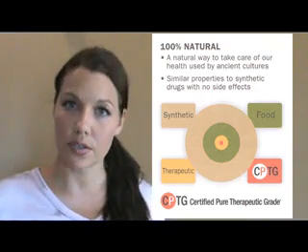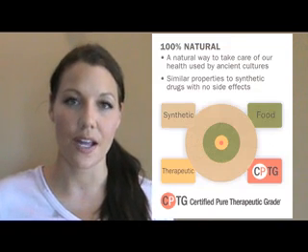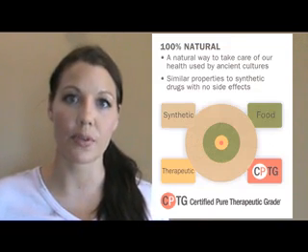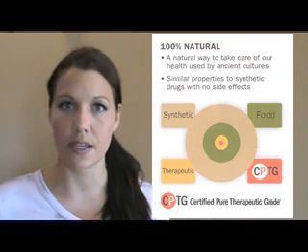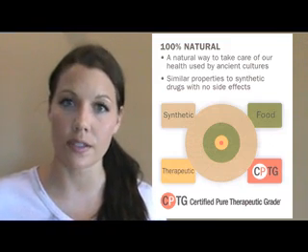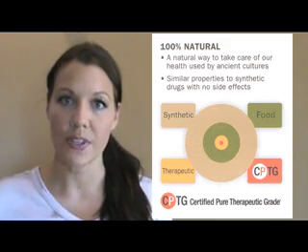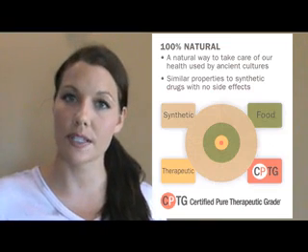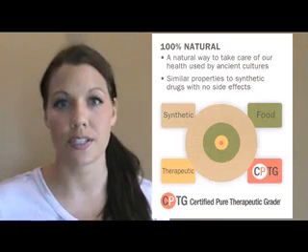So doTERRA's solution to all of this is the tiny little dot in the middle, and that's the Certified Pure Therapeutic Grade symbol. Now, only doTERRA has this. They are actually trying to make it a standard that the United States follows for all essential oils. It hasn't happened yet, but what this means for you is that doTERRA takes every single batch of oil that they receive and puts it through 2 different tests.